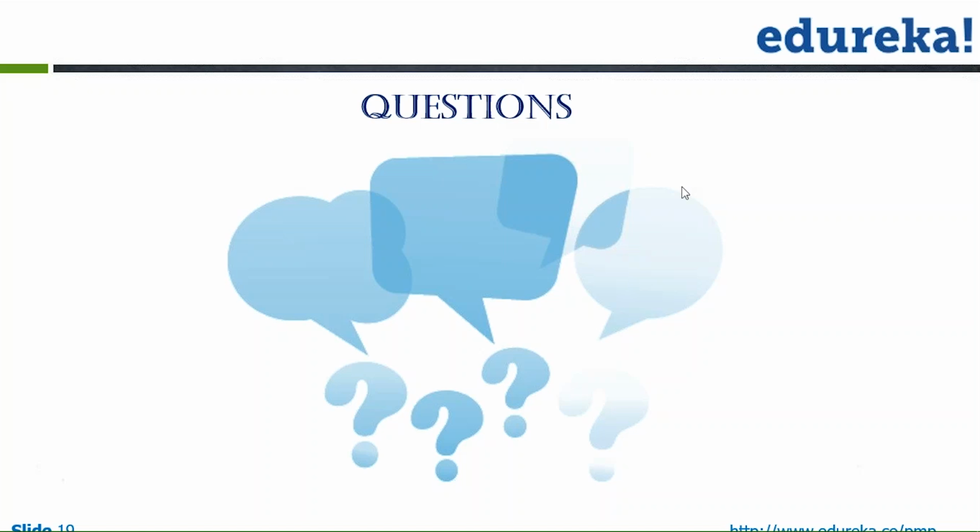Manav is asking, any suggestion of ACP reference material? Yes, as I told you, Mike Griffith, I'll write the name here. Hold on, let me just write it down here. Mike Griffith's book is actually considered to be a very good book for PMI ACP exam preparation.